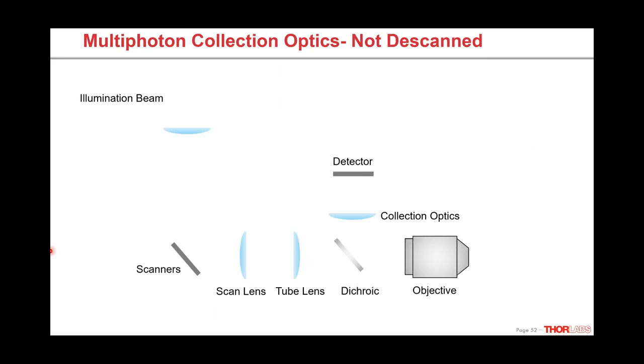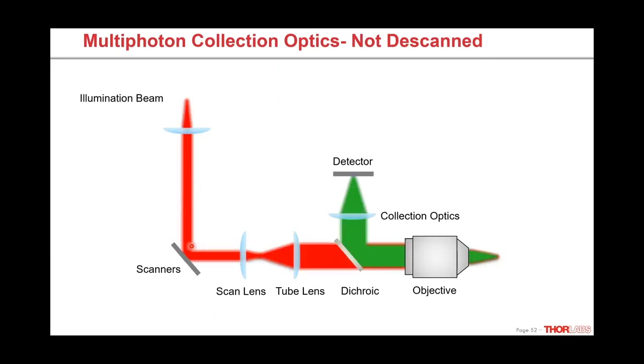However, for multiphoton scan engine design, we want all of these photons of light. We don't need to descan them or send this emission light back through the system because there's no pinhole. Instead, we're just going to use collection optics and send it directly to a detector. To make this most efficient, we're going to place the dichroic directly behind the objective and then have a series of collection optics that efficiently translate this emitted light directly to the detector.